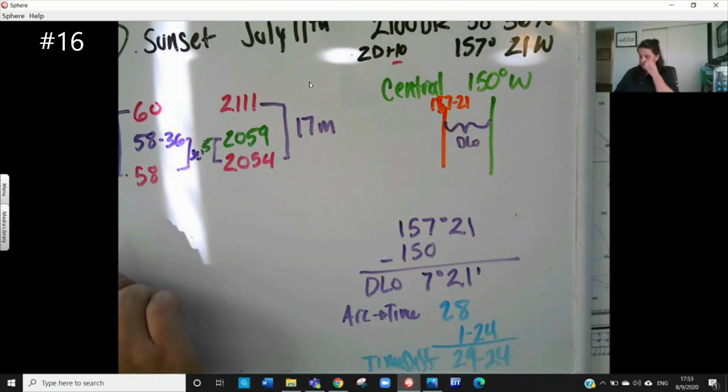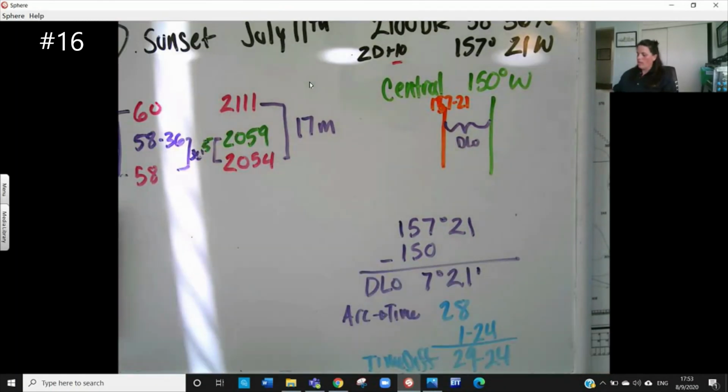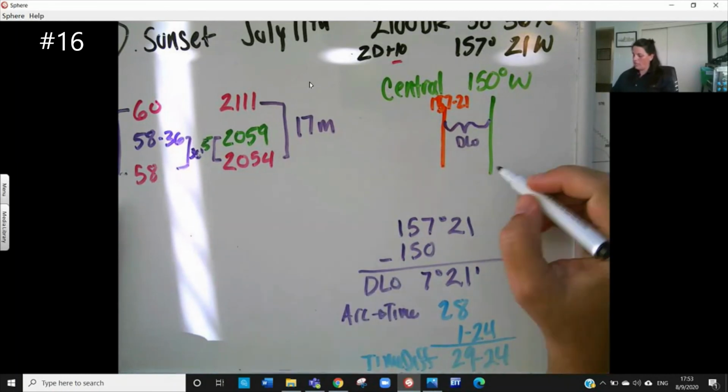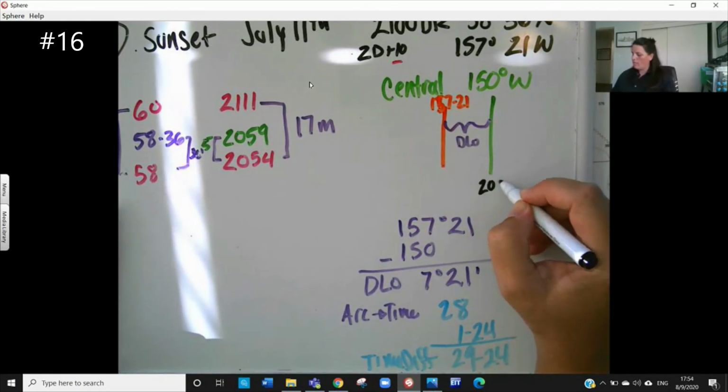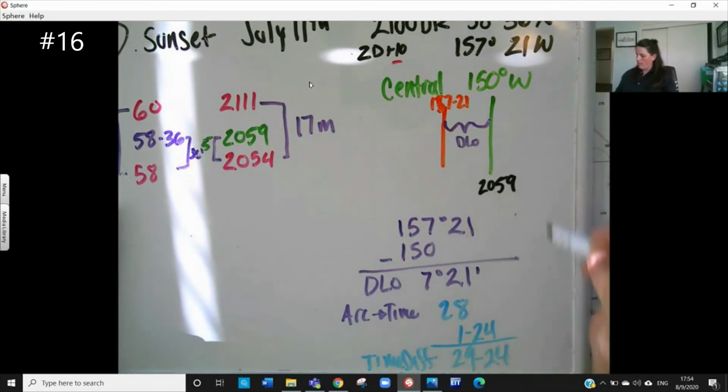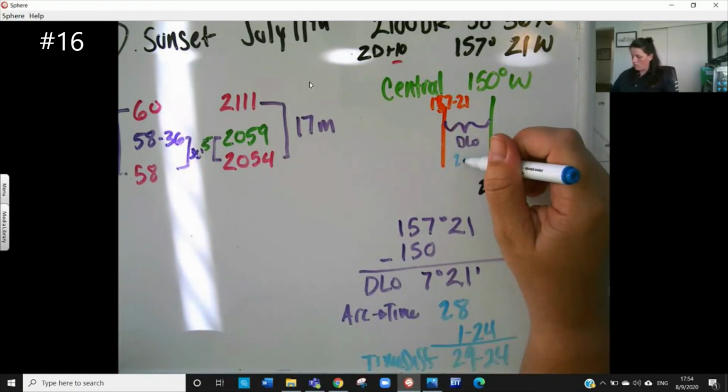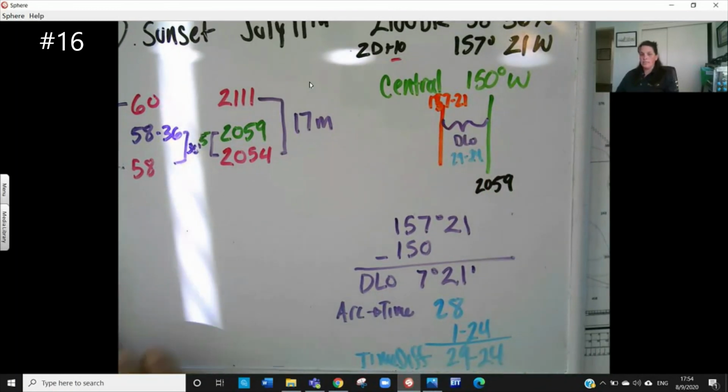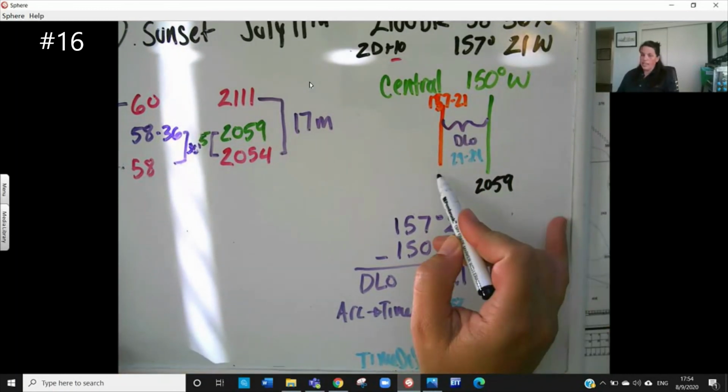So our sunset happened on our central meridian at 20:59, and we have a 29 minute 24 second time difference, so it's going to happen later.